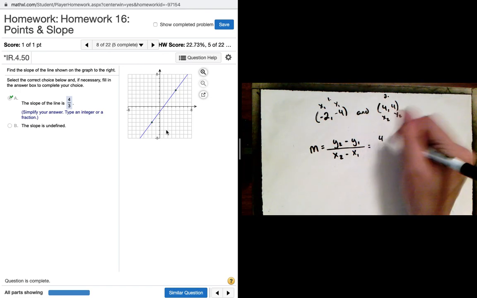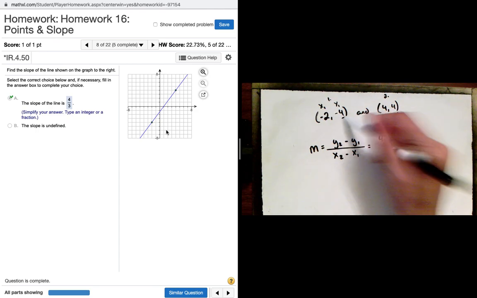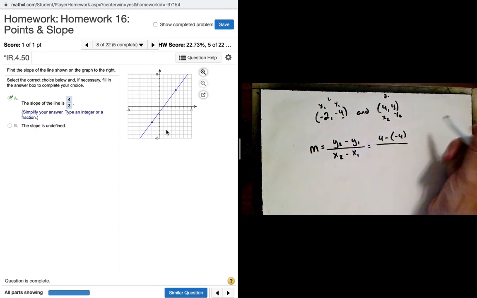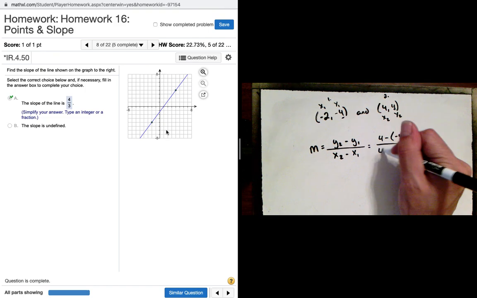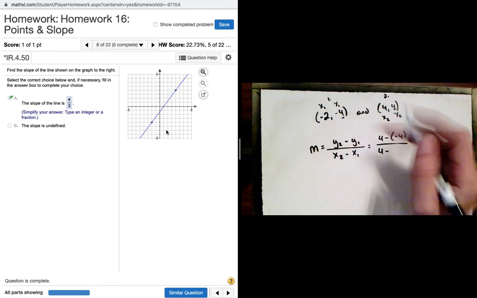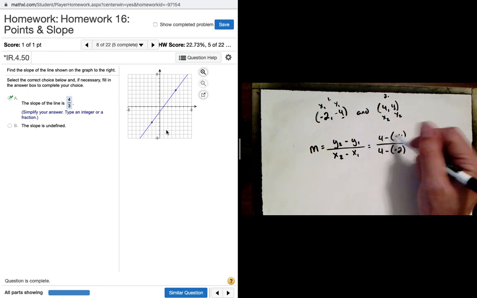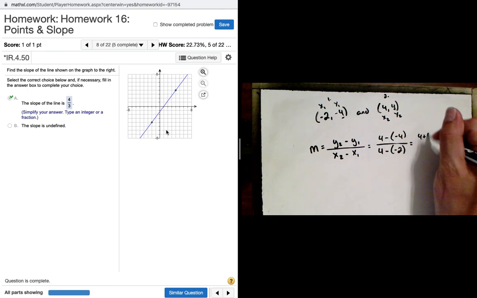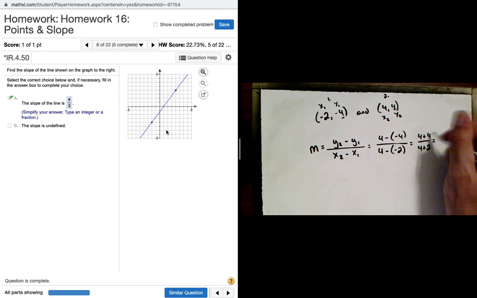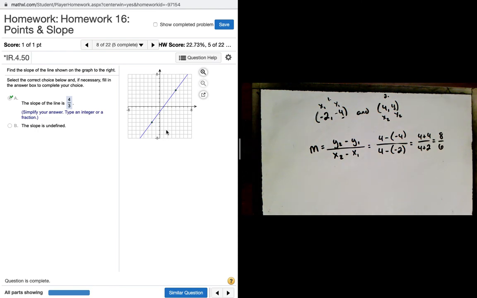This would be 4 minus negative 4 over x2, which is 4, minus x1, which is negative 2. Minus a negative makes a positive, and so we get 4 plus 4 on the top, 4 plus 2 on the bottom. And here's where we got our 8 over 6 that we got last time. Remember, we simplified that into 4/3.